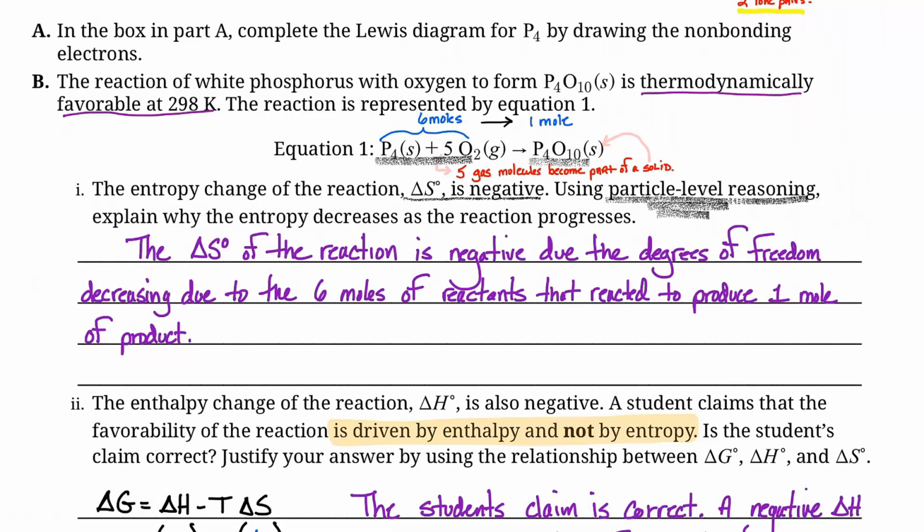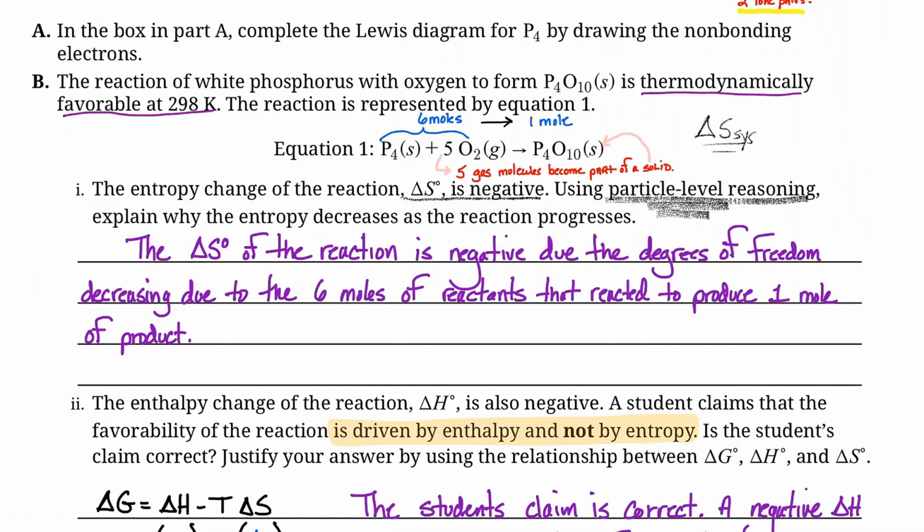And you can recognize very clearly that P4 plus 5 O2 making P4O10, we're putting things together. If you want to think of it as becoming more ordered, that's fine, but you're really concentrating all those molecules into bonds, and that is going against the second law of thermodynamics. But more specifically, we're talking about delta S of the system, that's what we actually measure in chemistry.